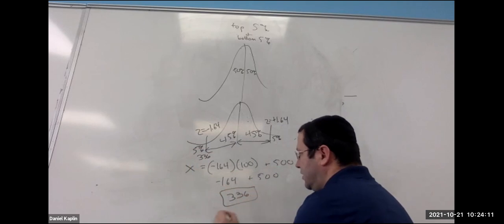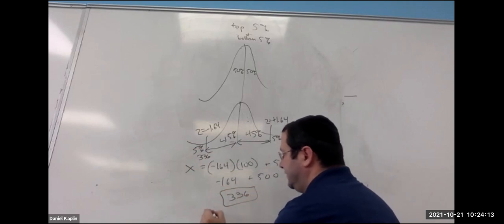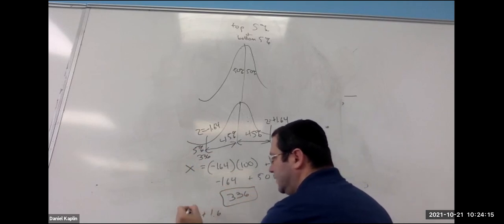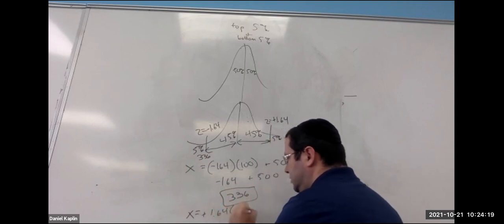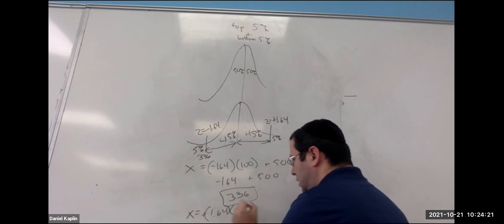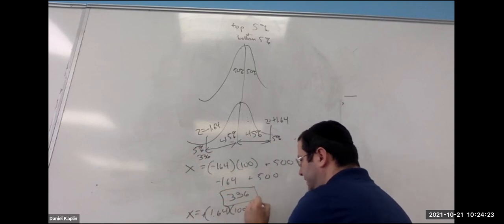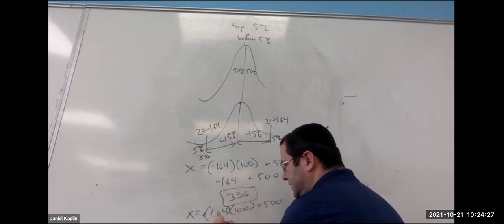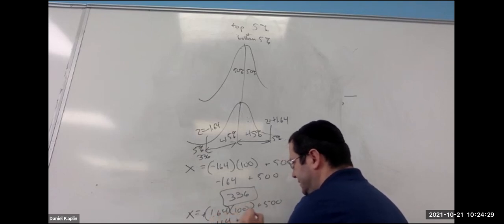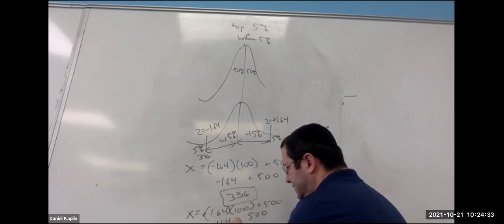And then the other cutoff score is going to be in the positive 1.64 times 100 plus 500. So we get 164 plus 500, which will give me 664.